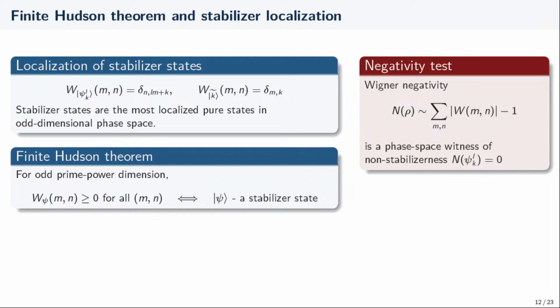Okay. And for instance, there's a notion of negativity. Actually, here is one of the fathers of this notion of negativity for continuous states. If the state is negative, it means it is a non-stabilizer state. And stabilizerness is very important for quantum information science, because stabilizer states can be efficiently simulated on a classical device.